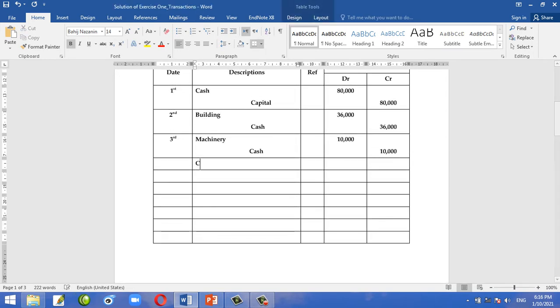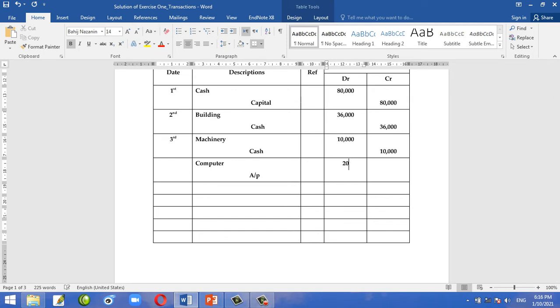It means we have purchased the computer, but we have not given the money, but we will be giving the money in the future. That one is accounts payable for us, because we are responsible to pay the money after 20 days, or after a month. It is worth 2000.